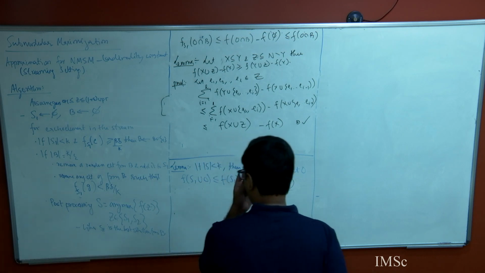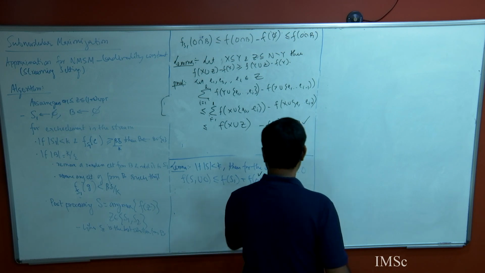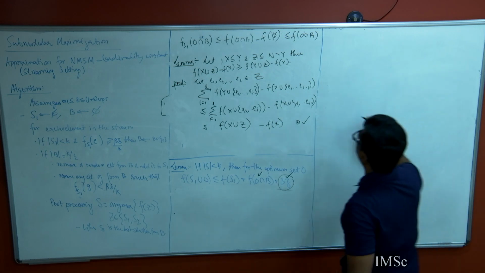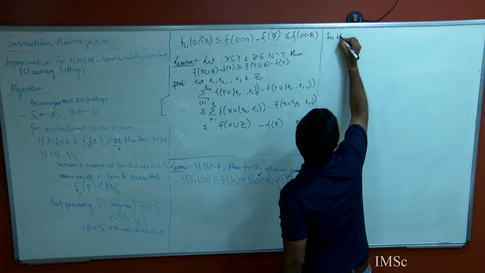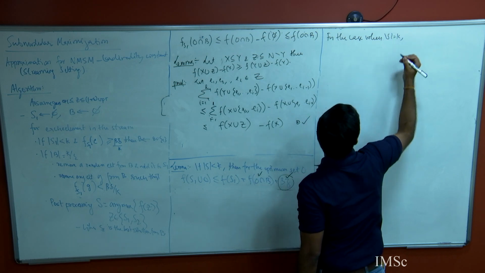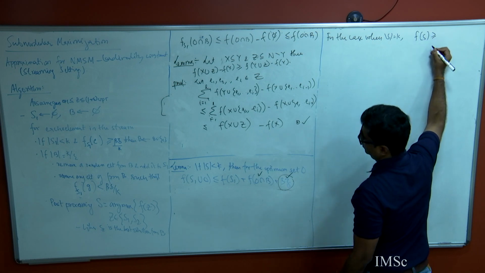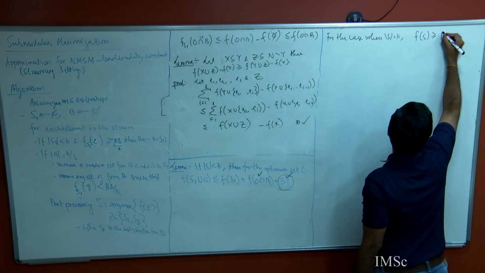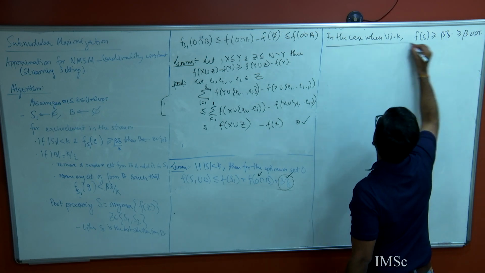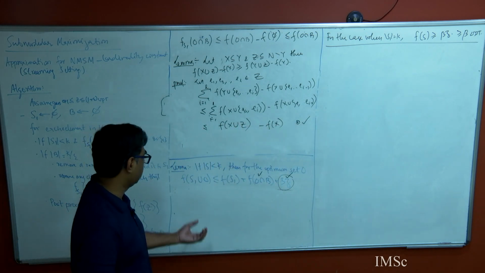So for the proof, now we need to bound this. What is the approximation factor, ratio, and all those kinds of things. For the case when mod S equals K, what did we prove? Mod S1, f of S is at least beta Z, which is beta times opt. This we already proved. So the only case we are worried about is this case.